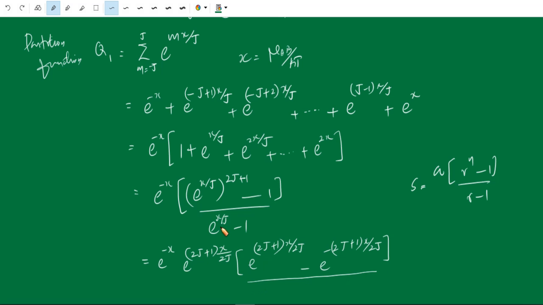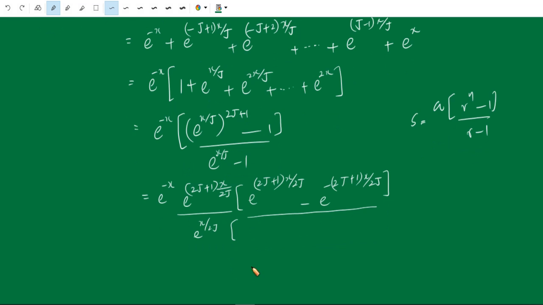Similarly, we can take e raised to x by 2j from these two terms. So e raised to x by 2j into (e raised to x by 2j minus e raised to minus x by 2j). So these all terms get cancelled.